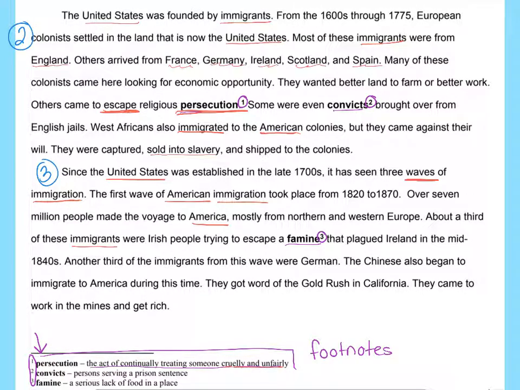Immigrants again. And it's interesting as I notice I've got different areas here being mentioned of where people were coming from. I forgot about West Africa up there. German and Chinese and Ireland. Again, escape being repeated.